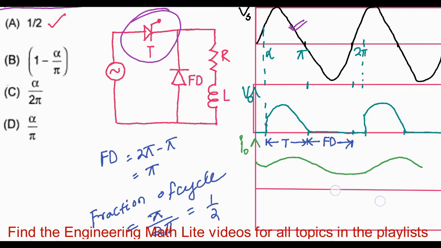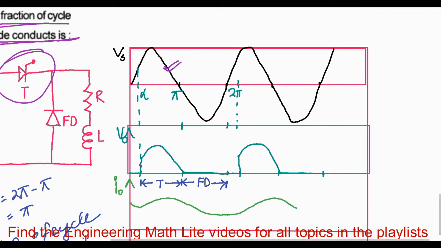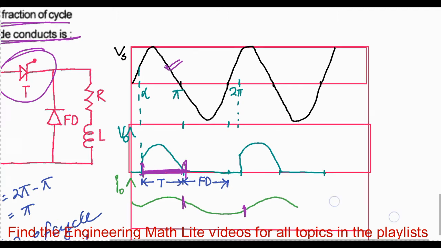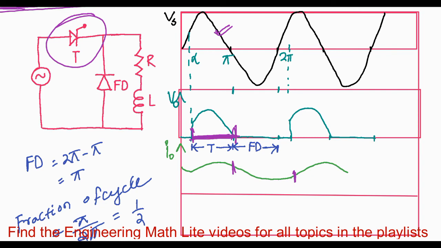The freewheeling diode is conducting for this part to maintain that continuous current. For this position the thyristor is conducting, and after that from π to 2π the freewheeling diode is conducting due to the inductor current. So the freewheeling diode is conducting for π.